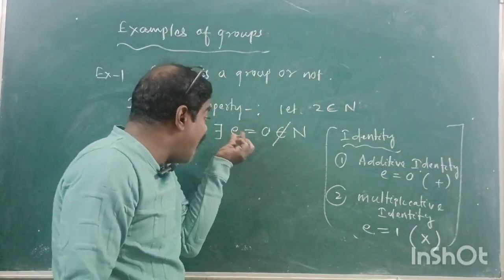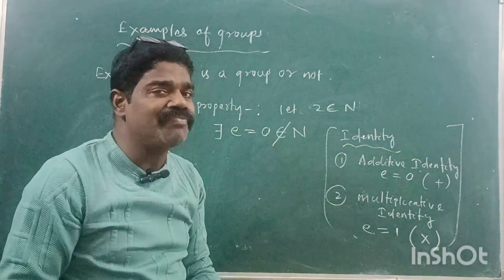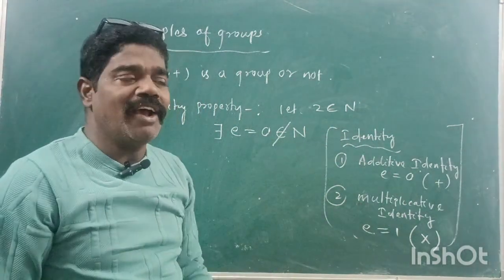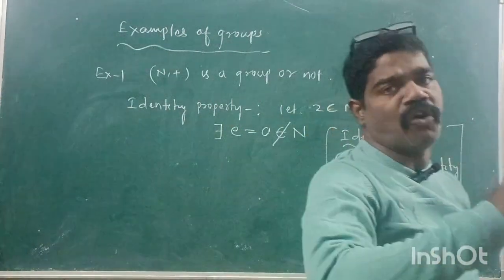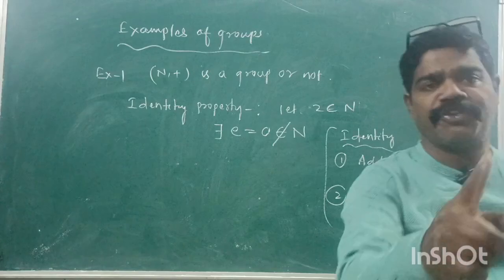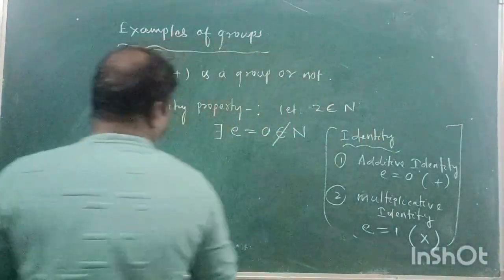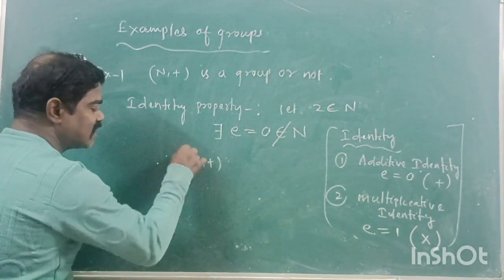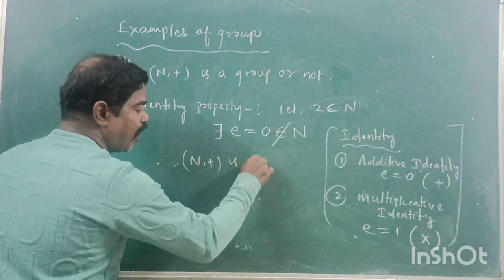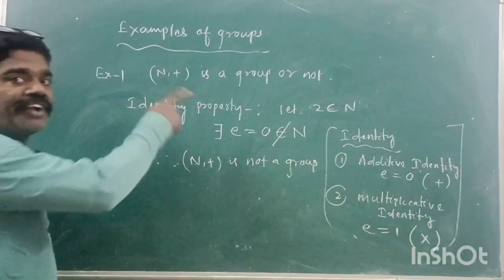If the identity element does not belong to N, we can tell that N is not a group. Why? Out of these 4 properties, if any one property is not satisfied, then we have to tell that it is not a group. Understand? Therefore, N, plus is not a group. Have you understood? Write down.